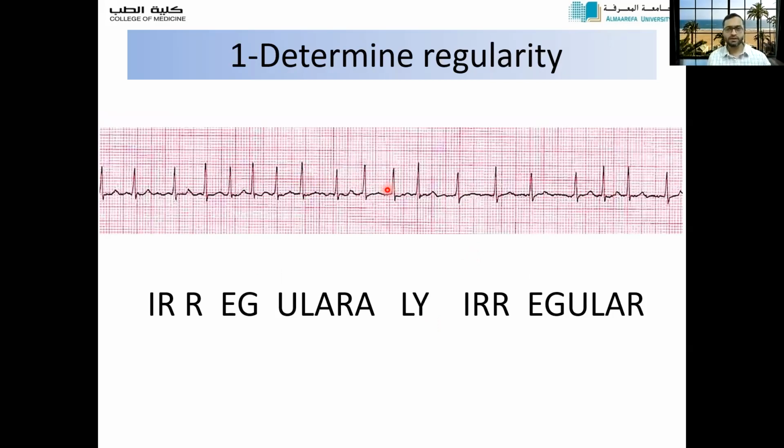You cannot predict it. And these variations, whether it's regular, regularly irregular, or irregularly irregular, help you to classify the arrhythmias and reach the diagnosis of arrhythmias or the origin of the arrhythmias, where they are.